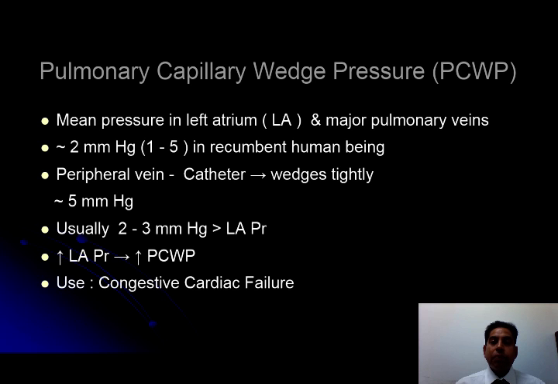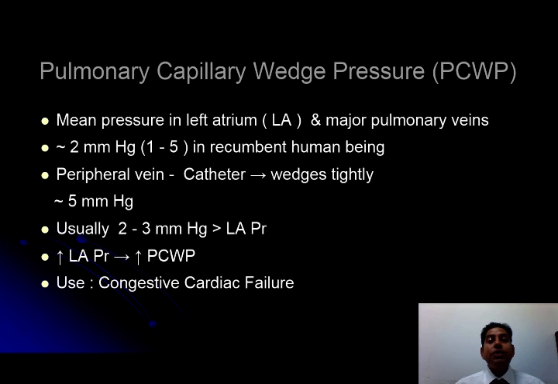Now, this is important because we want to know the potential damage because of the high left atrial pressure. This can lead to stagnation of flow in the pulmonary circuit, and hence it can lead to alveolar edema, and we all know that alveolar edema is dangerous. So we want to prevent this.